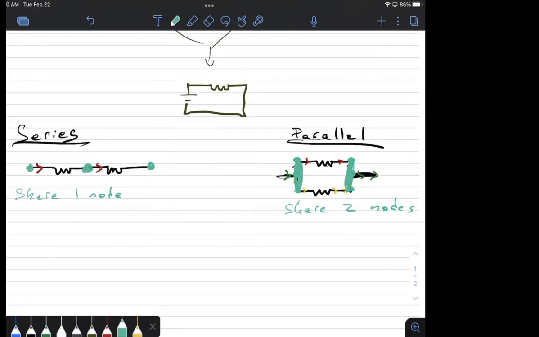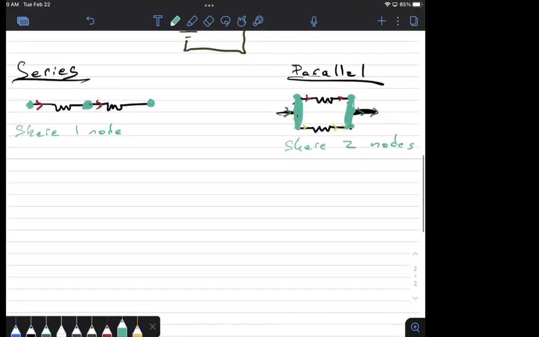Now, let's say we're masters of being able to detect if this is series or parallel. What then? Once I've found out if the resistors are connected in series, how do I combine them? That's the point of what we're trying to do. It turns out that for a series combination, the total resistance of that series combination is given by the sum of the first resistor plus the second plus the third and so on.